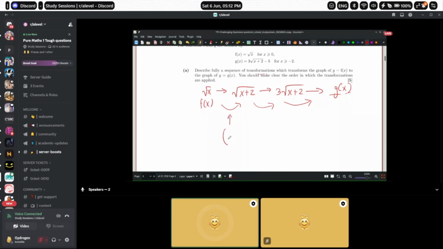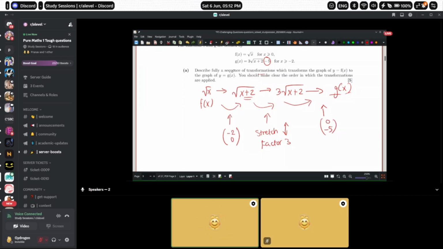So this would be a translation like this, because plus 2 means a translation to the left, and then this would be a stretch in the vertical direction, factor 3, and then this would be you subtract 5, so that would be a translation like this.